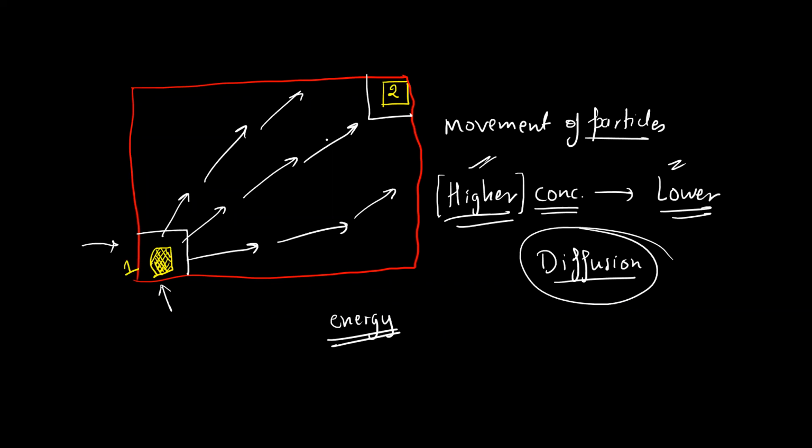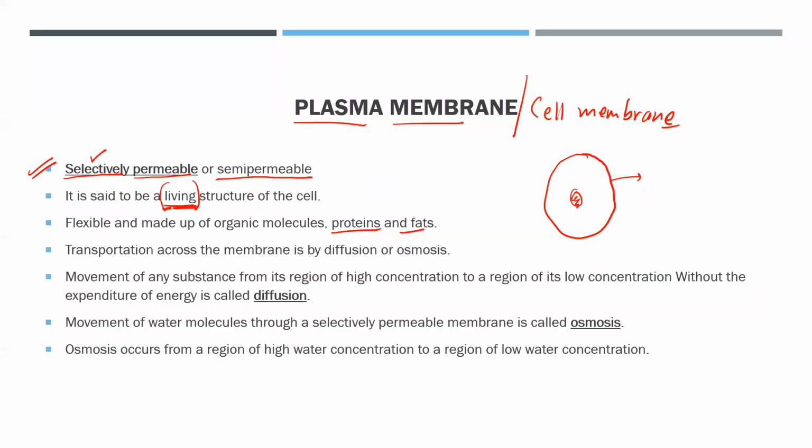The particles are moving, but they are not using any energy. So the movement of particles of any substance from the region of its higher concentration to the region of its lower concentration without the expenditure of energy is called diffusion.